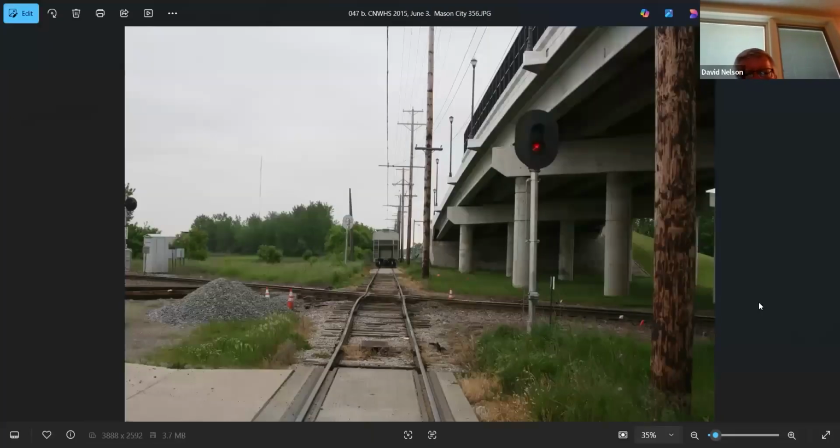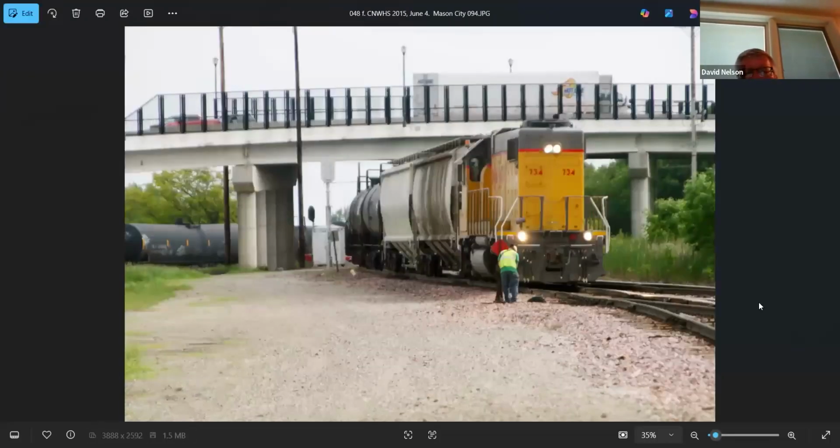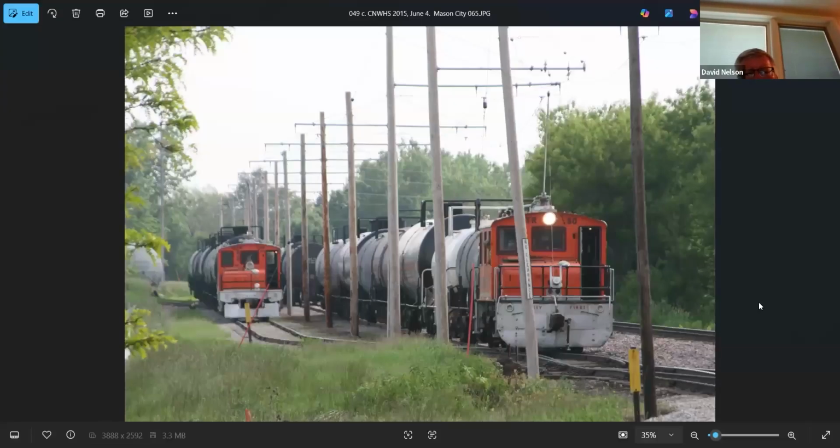And again, there's the same view of the junction itself, or the crossing, that is rarely used. But here we have the UP bringing traffic into the interchange tracks that are also served by the Iowa Traction. And this day there were 2 locomotives working that interchange.